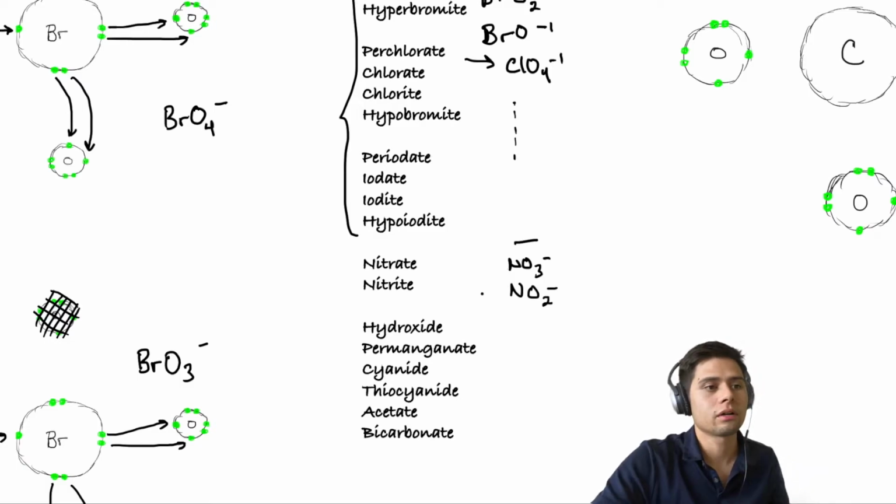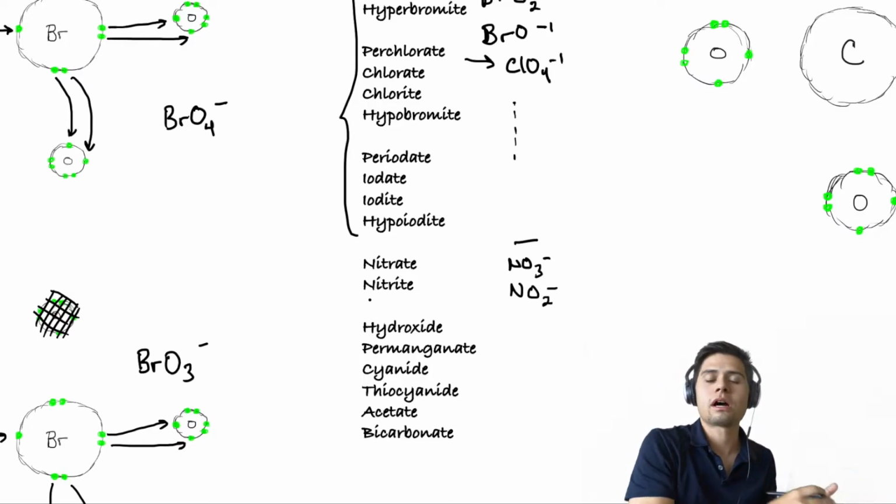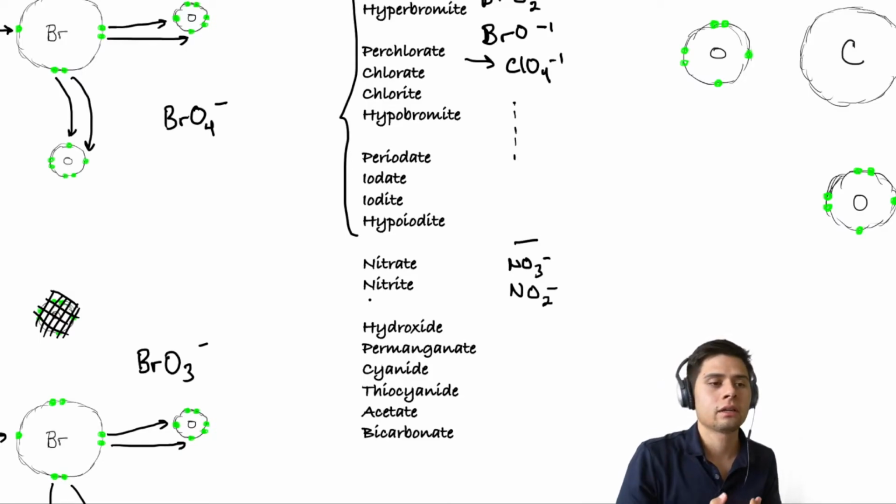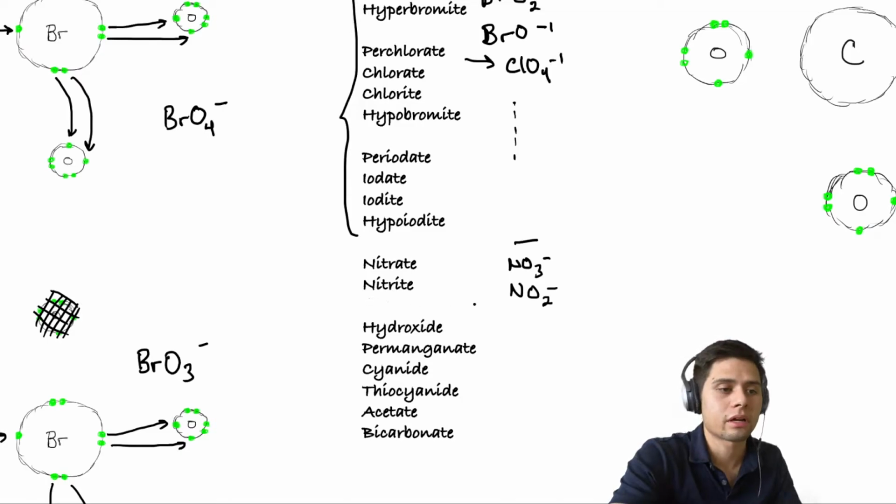So you can see a pattern. Even though ate up here implied 4 oxygens, ate more generally just means more oxygens than ite. A comes before I in the alphabet, you can think of it like that, and you have a rough understanding of perhaps how many oxygens exist in the polyatomic ion.